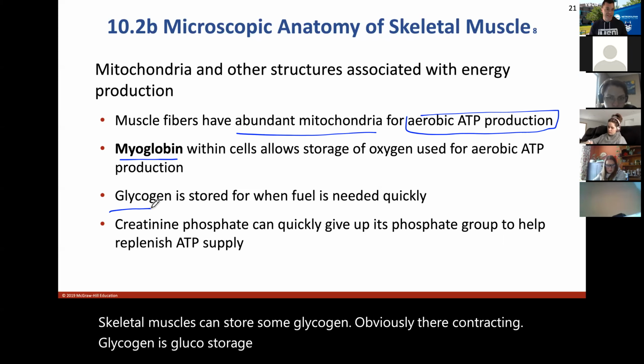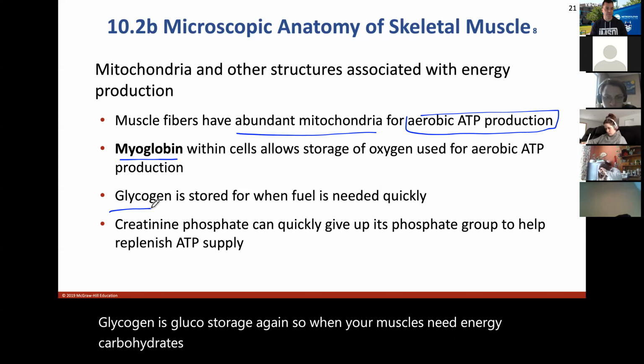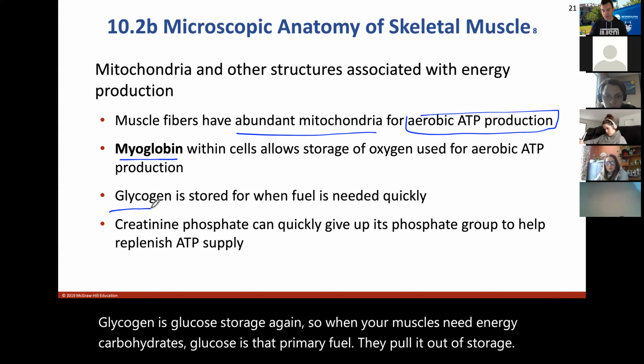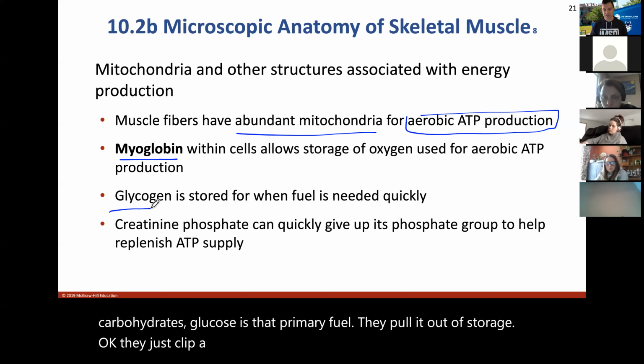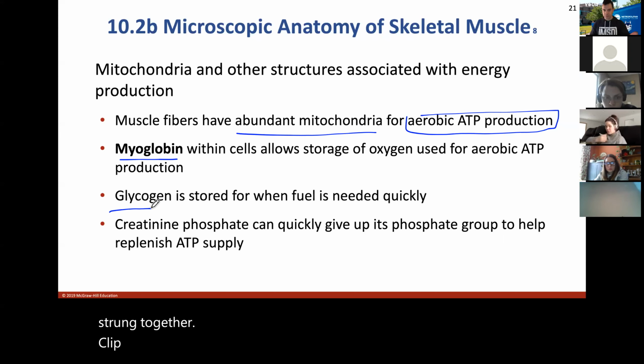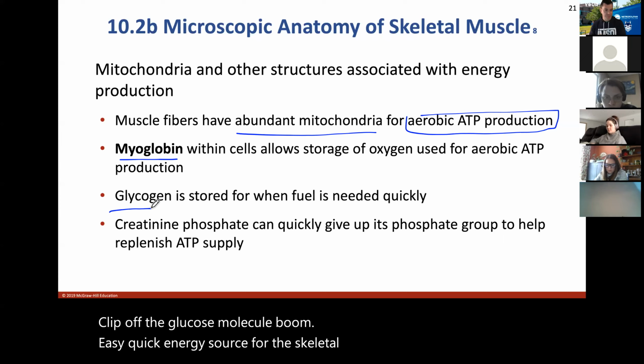So when your muscles need energy, carbohydrates, glucose is that primary fuel. They pull it out of storage. Okay, they just clip a glucose molecule off. Glycogen is just thousands of them strung together. Clip off a little glucose molecule, boom. Easy, quick energy source for the skeletal muscle to make ATP.